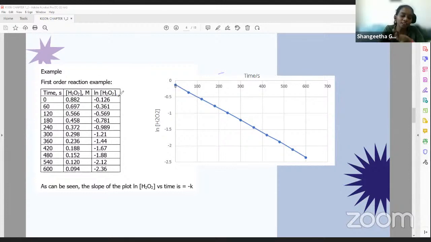Usually your questions won't be this simple, but this question is just to show you how you can plot your graph and how you can find the corresponding information from the graph.